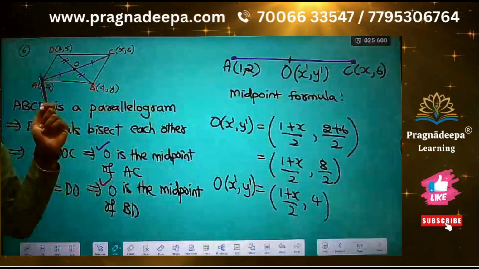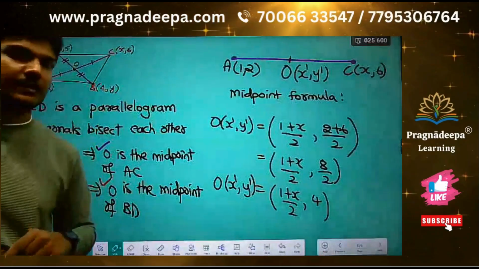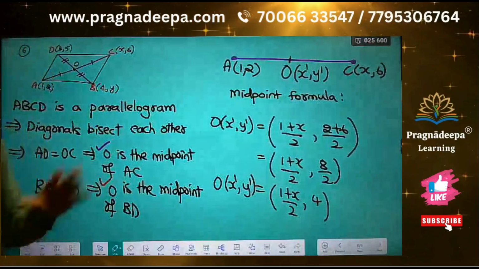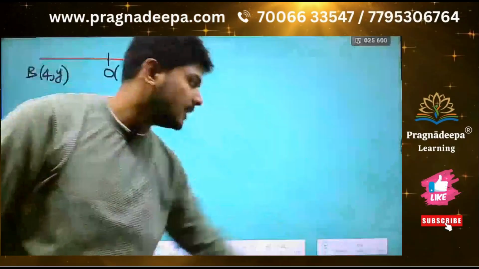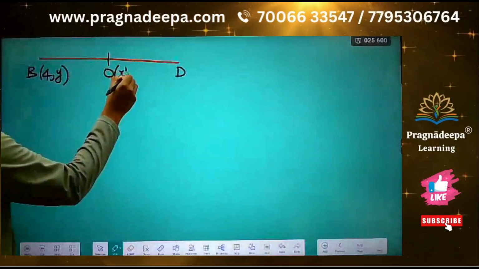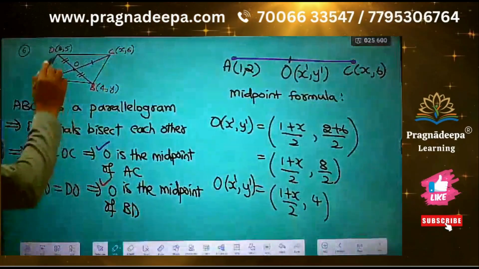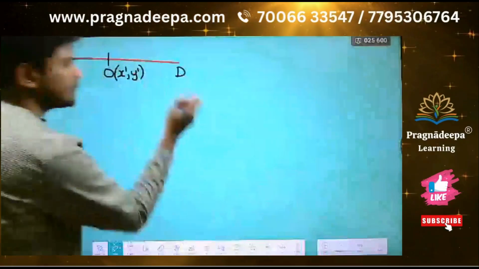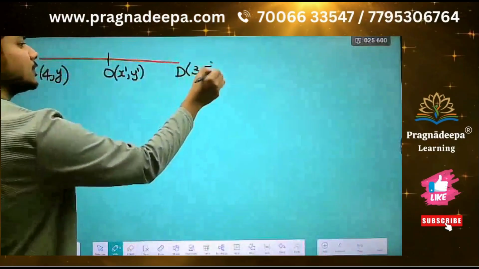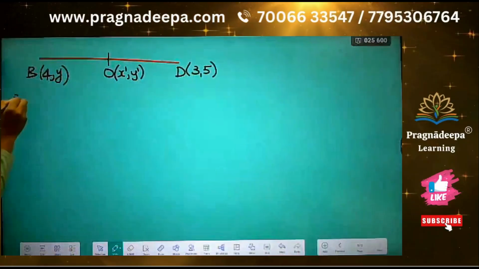Same, sir. Same, x dash y dash. Okay, ಮತ್ತೆ change ಆಗೋದಿಲ್ಲ. So coordinates of O is x dash y dash only. Coordinates of D is 3, 5. So since O is a midpoint of BD, apply midpoint formula.